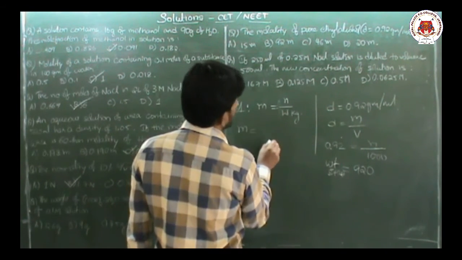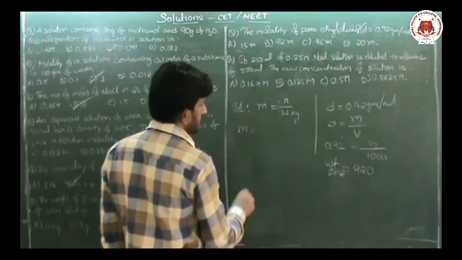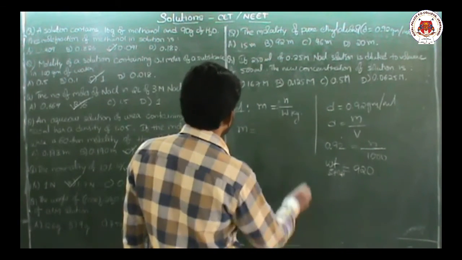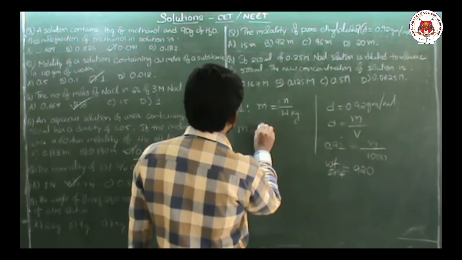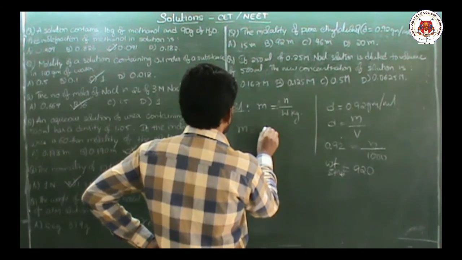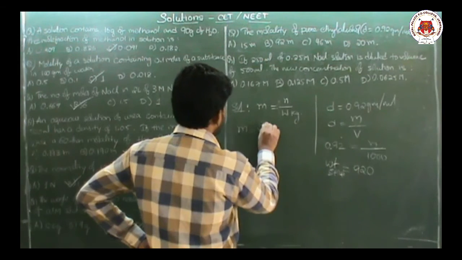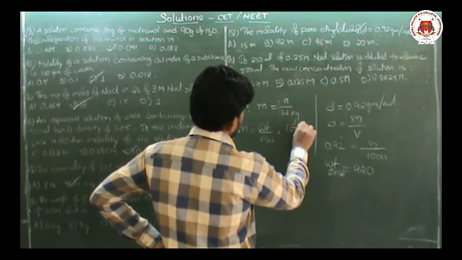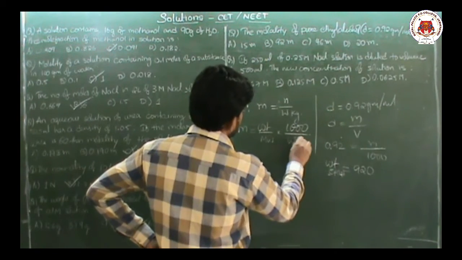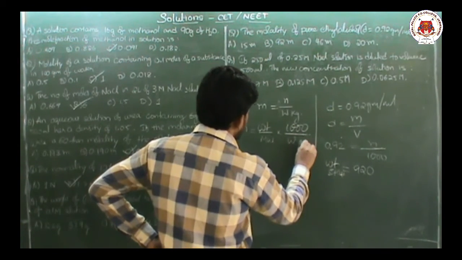Now molality is equal to weight of ethyl alcohol, 920, by molecular weight, into 1000 by weight of the solvent in kg, with weight in grams.